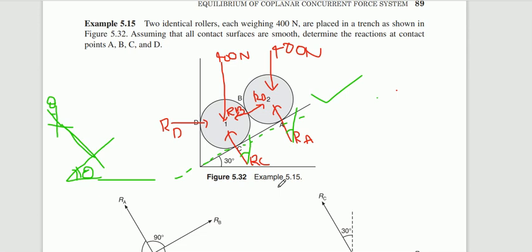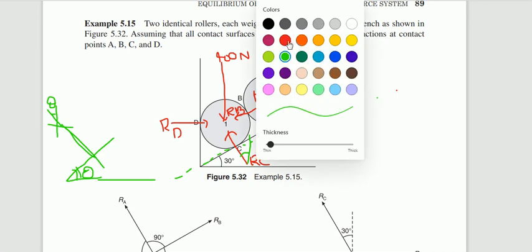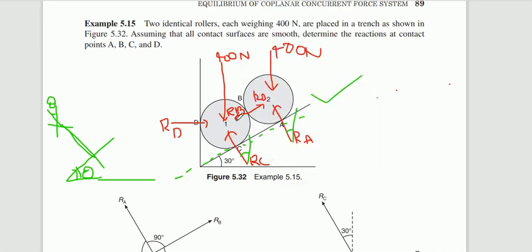Okay. So now we need to know the inclination of RB here. You just observe it clearly. RB is exactly parallel to this plane, so this angle also becomes 30.